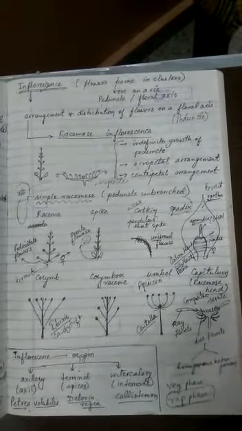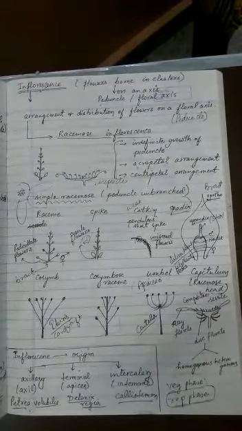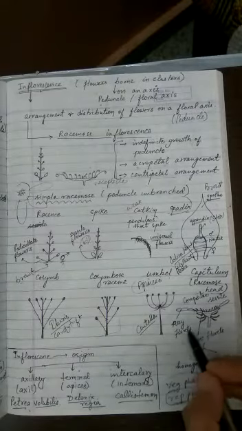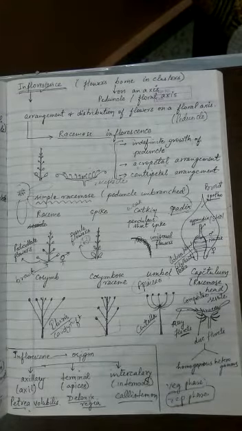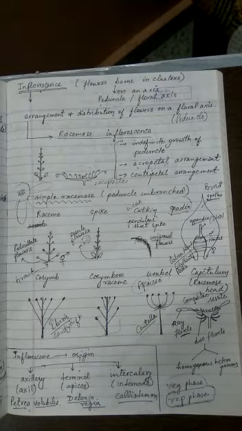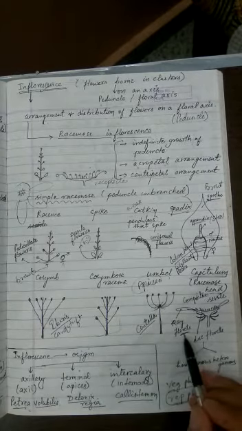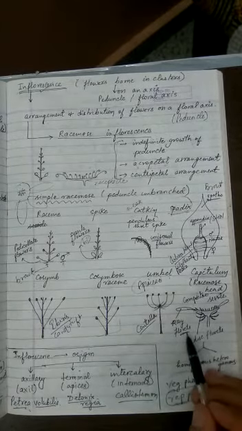There is no pedicel in these flowers. Sessile flowers are arranged, and these flowers are called florets because they are so much reduced that you cannot call them flowers. The new term in biology for reduced flowers is florets.